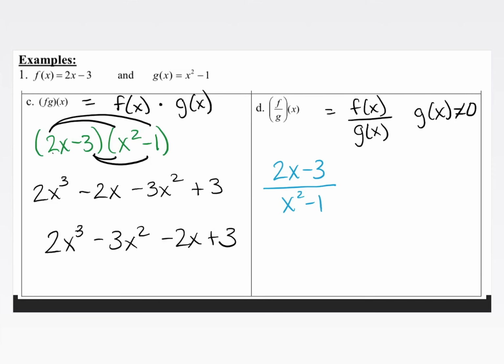Now in order to see if we can simplify, we can actually factor our denominator here. So our numerator would stay as 2x minus 3, but our denominator we can actually factor to be x plus 1 and x minus 1. This is because x squared minus 1 is actually called a difference of squares.